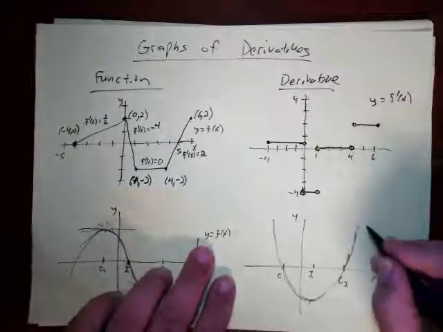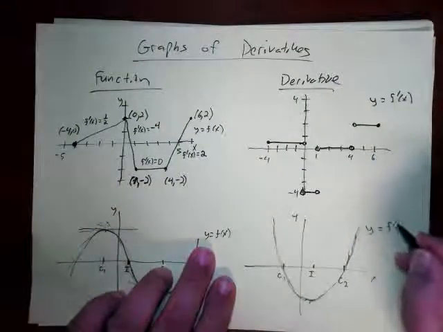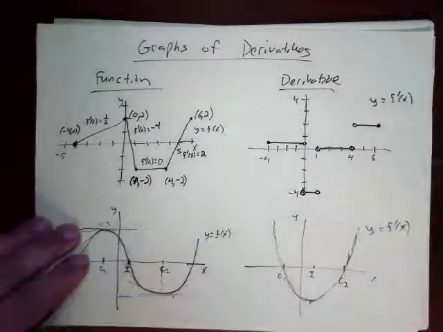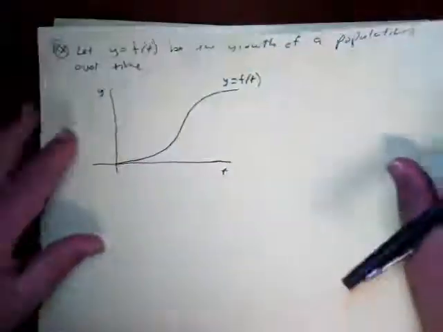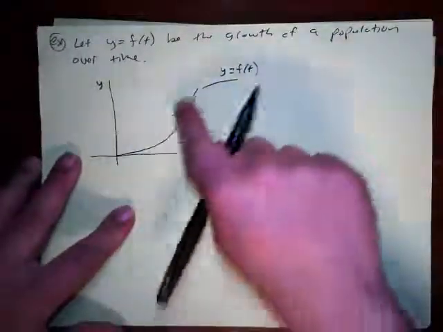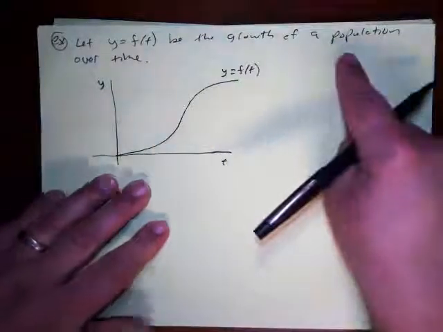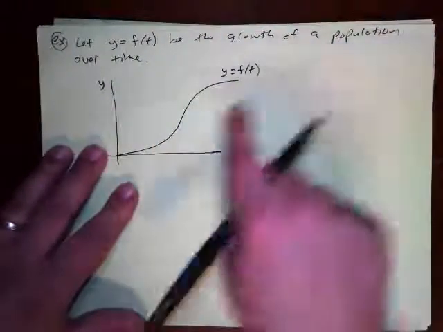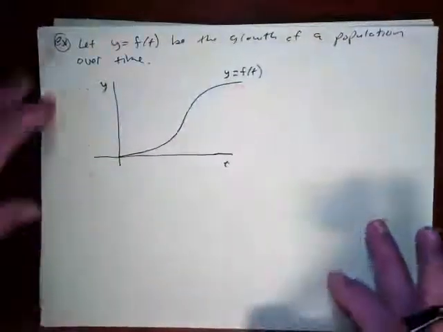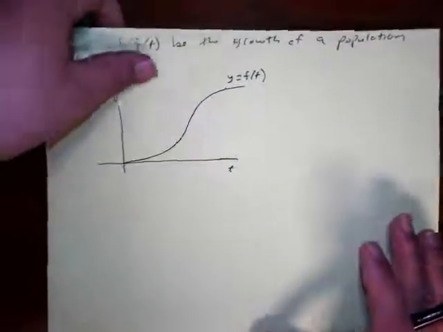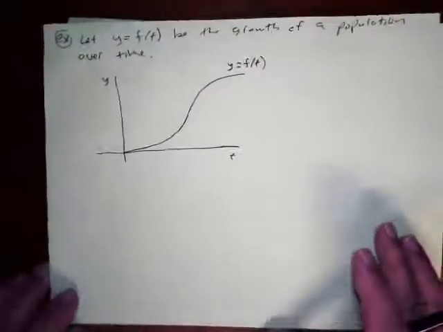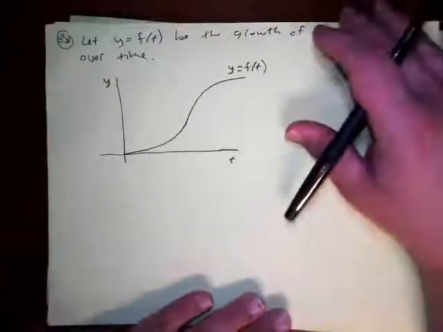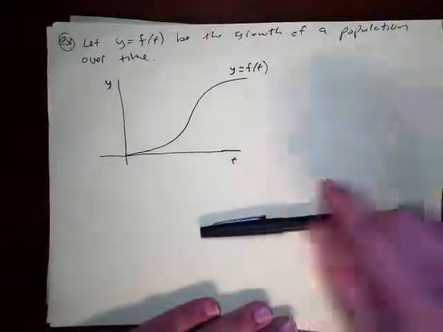If this is y equals f of x, this is y equals f prime of x. Okay? And so this is giving me f of t, and it says it's the growth of a population over time. And this is actually a very common, realistic curve here, a population growth curve. I think maybe sometimes it's called a logistic curve.